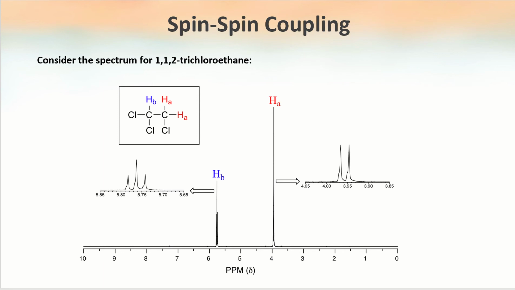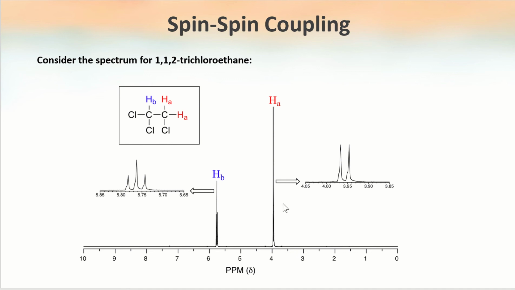All right, so let's consider the spectrum for 1,1,2-trichloroethane. Having used the knowledge that we have garnered over the past few weeks, we should be able to decipher which peak is what just by the multiplicities.